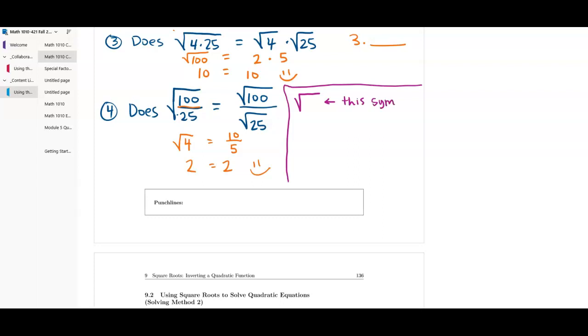But this symbol means the principal square root, which means it's going to end up being positive always, or we'll say non-negative. So you'll get a non-negative answer.